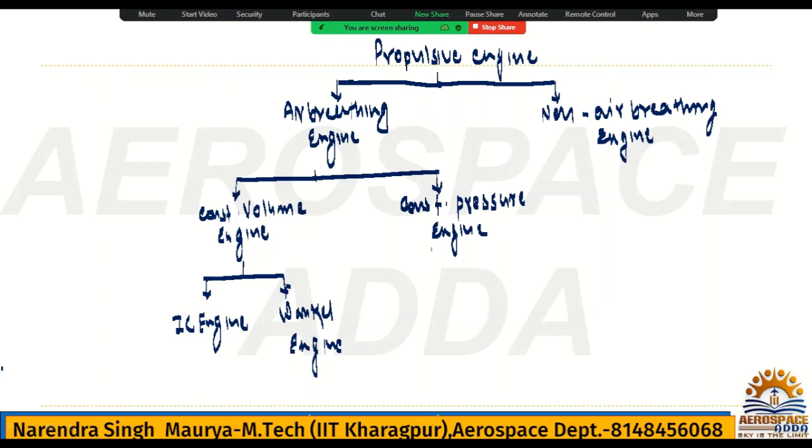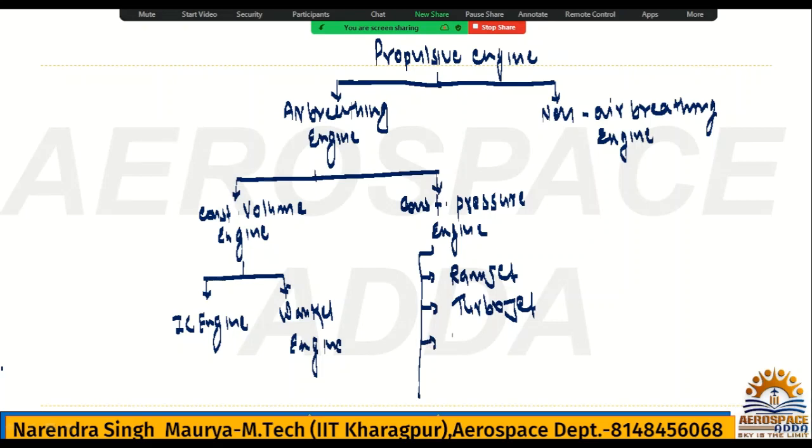What are the constant pressure engines? Constant pressure engines are ramjet, turbojet, turbofan, turboprop or turboshaft. All are constant pressure engines.